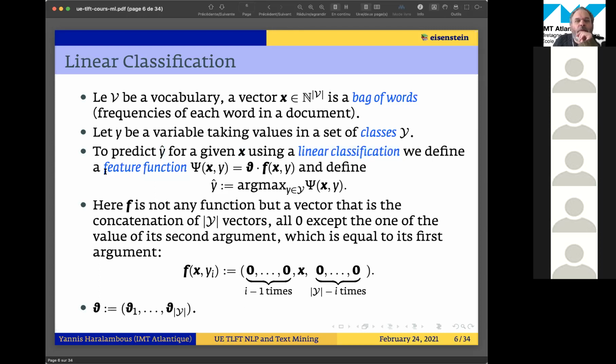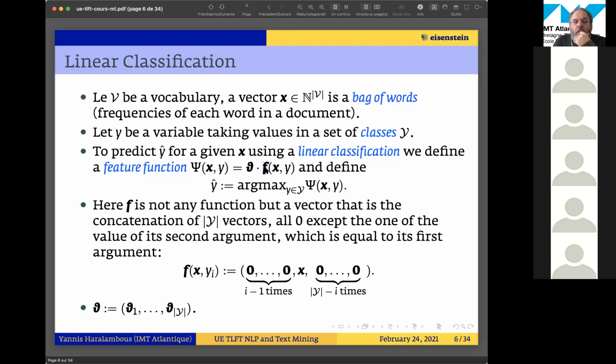Now, for this to be in a general frame, we define a feature function. Now, what is a feature function? It is essentially a vector, theta, and a function which I call f.